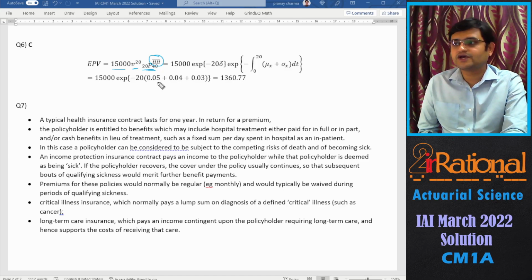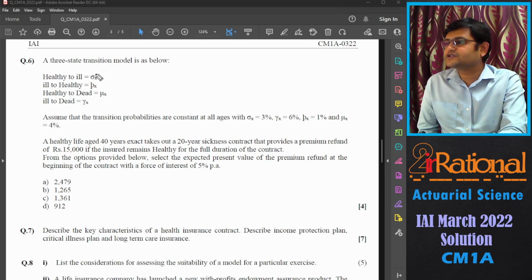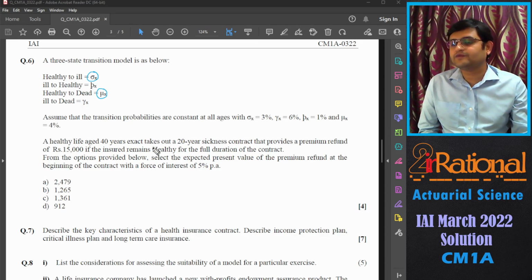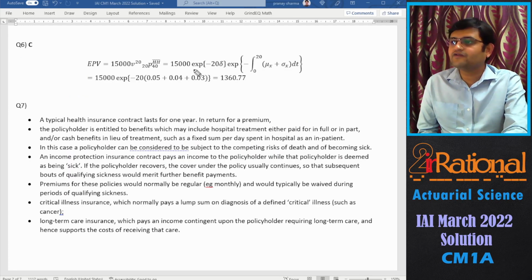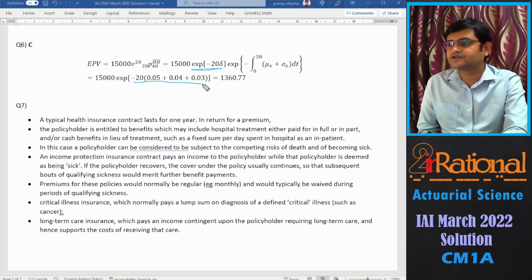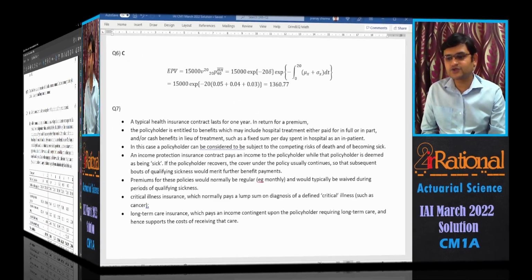So HH bar. When we say HH bar, we'll be considering only the healthy to ill as well as healthy to dead transitions, so the transitions that are moving out of the healthy state will be considered. And we will have our 20 years of discounting. As everything stays constant, we will get this finally, and the value becomes 1360.77. That is option C. Let's go to the next question.